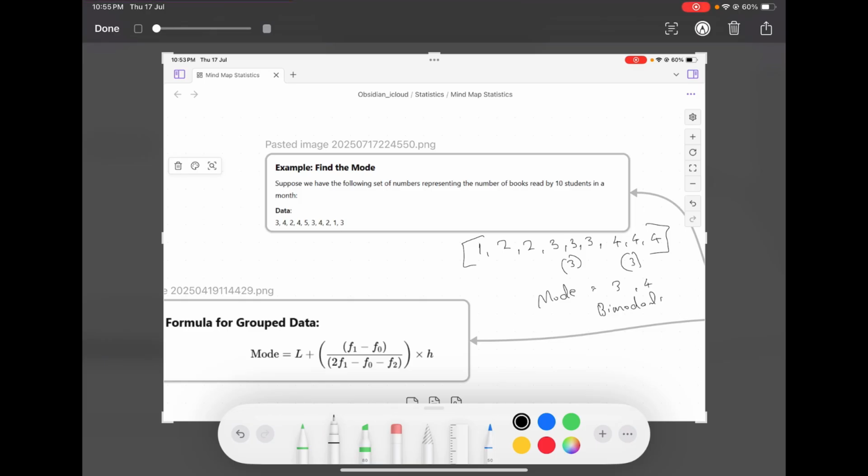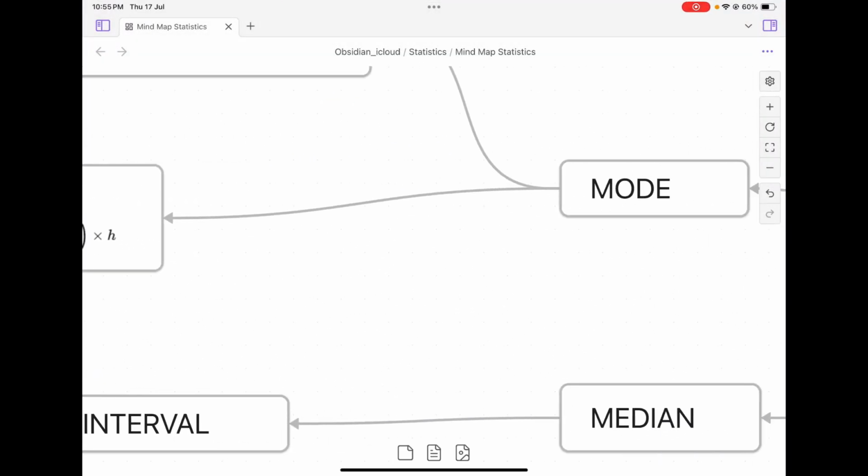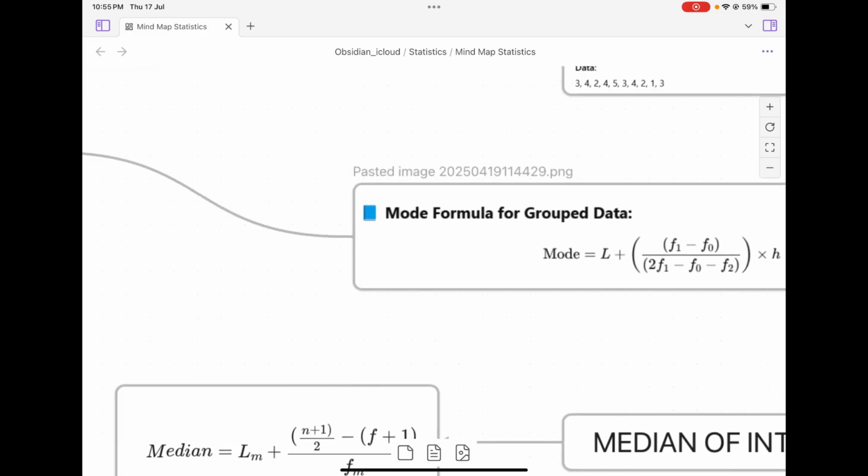Now let us go to a slightly more difficult problem, where you try to find the mode of grouped data. In that case you need a formula. Let us see one example.